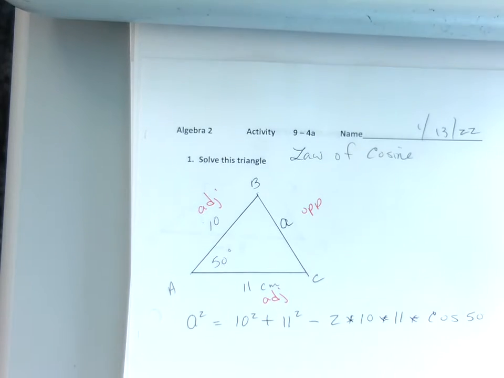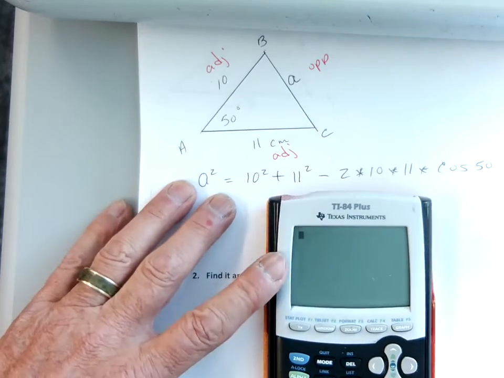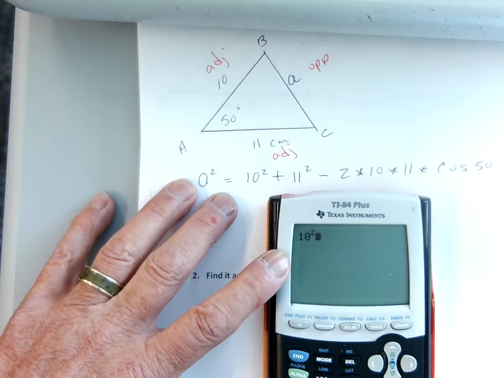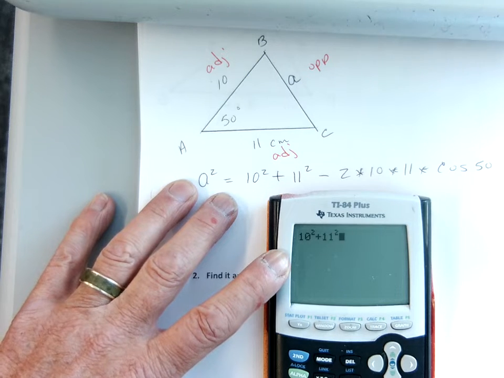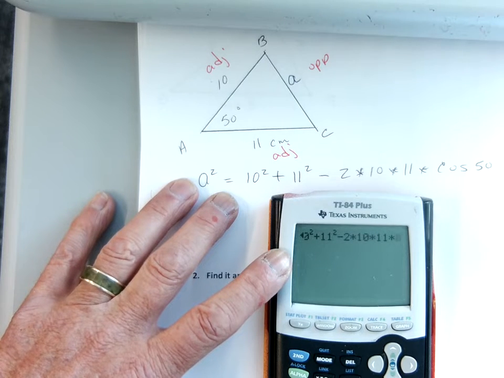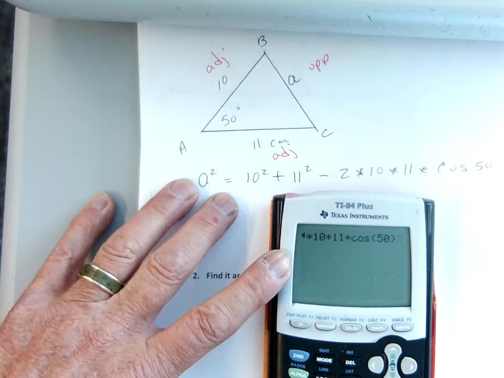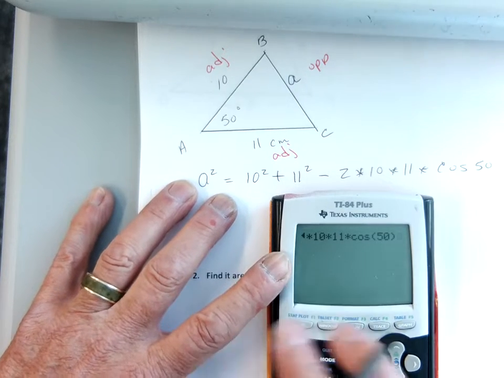Well, that's a pretty big formula, so I'm just going to plug that into my calculator. I'm going to go through and just type it in. 10 squared plus 11 squared minus 2 times 10 times 11 times the cosine of 50 degrees. Got it all in my calculator, one big long string of numbers.